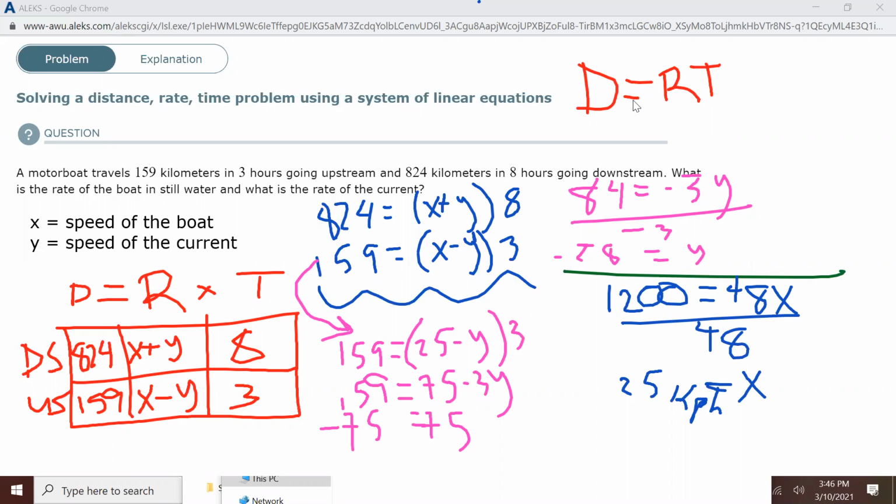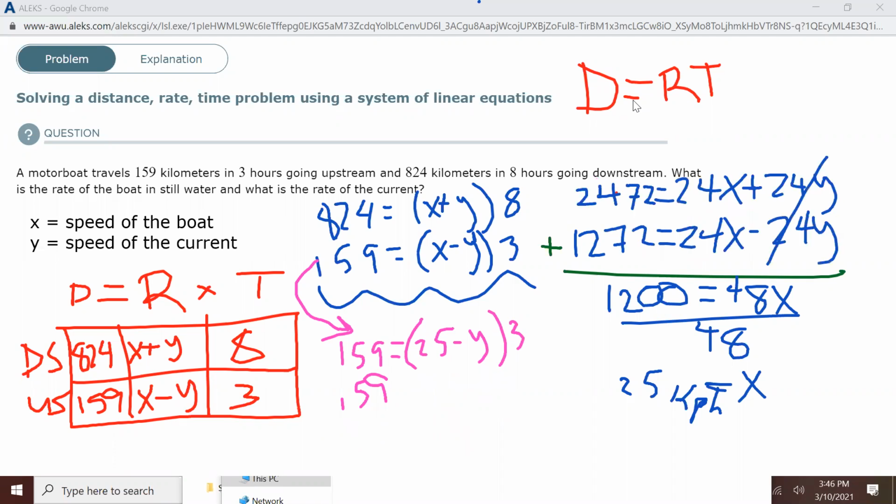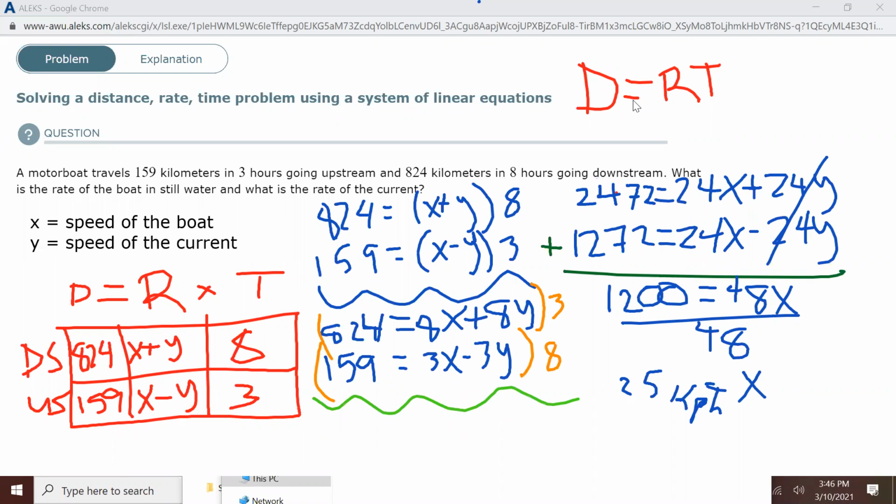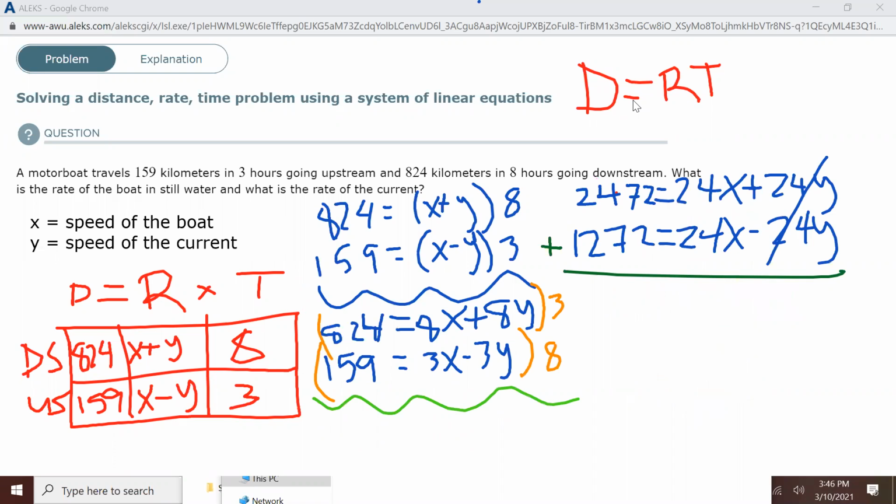Well, that doesn't make any sense. It should not be negative. So apparently I've made a mistake. So now I have to go back and find it. Fortunately, we have to go a little ways back. When I added these together, I actually subtracted, which of course did not help. So going back, I get this.